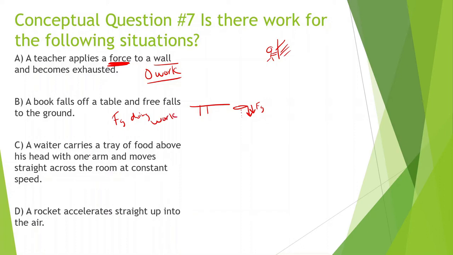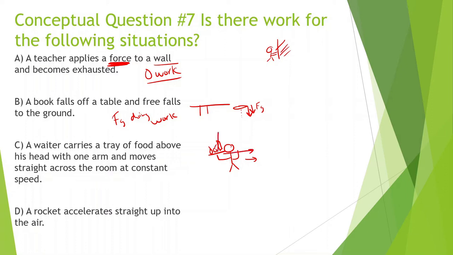Next one over here. A waiter carries a tray of food above his head with one arm and moves straight across the room at constant speed. Okay, so this one's going to be a little interesting. This waiter has food here, and whatever he's holding, and he's moving to the right. So we can see that the food is moving to the right.